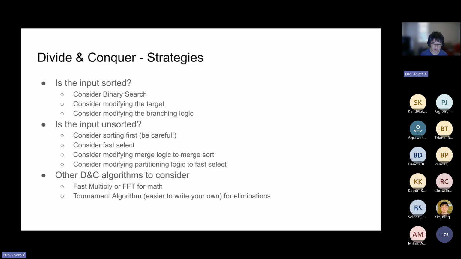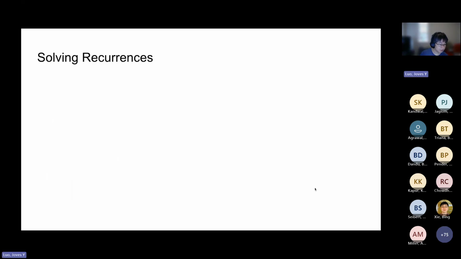So for the tournament algorithm, you just basically write your own. The idea is that you pair things up arbitrarily, and then based on those pairings, you start to eliminate things as you move up, and then at the very top of your tournament, you're left with 1 or 2 or 3 candidates, and then you check those candidates for whether they fit the problem you're trying to solve. Okay, and so that should be it.